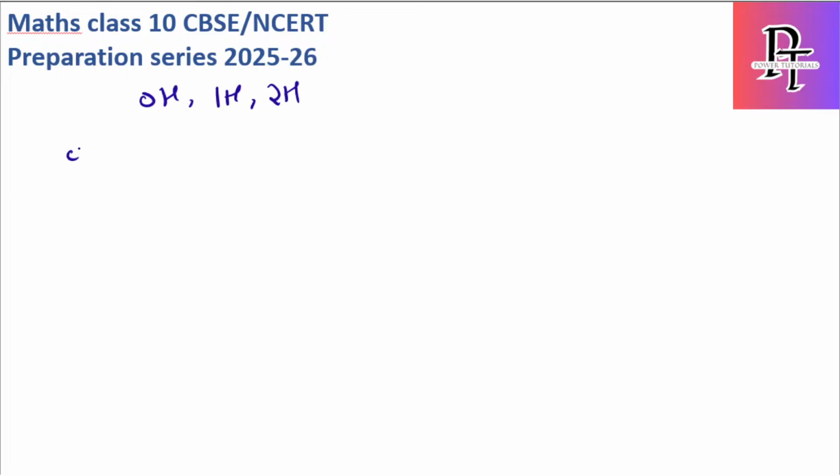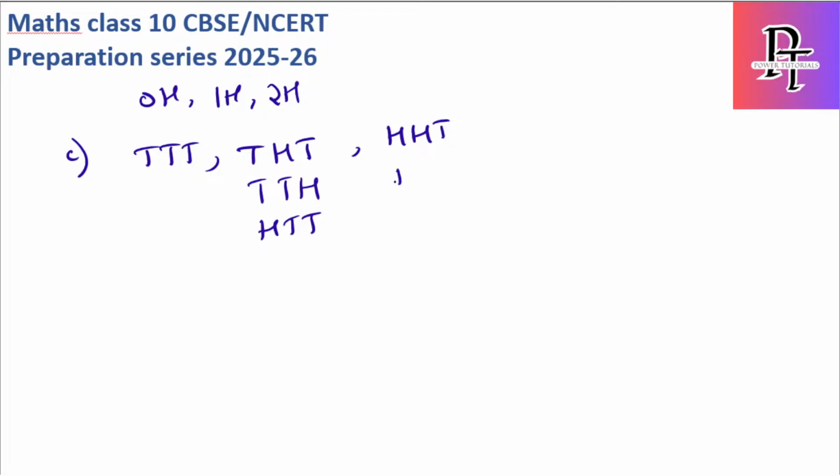All 3 have to be considered. Okay, so 0 heads is TTT, 1 head is THT, TTH, HTT. So this belongs to 1 head, and the 2 heads category is HHT, THH, HTH. So total how many do I have? 1, 2, 3, 4, 5, 6, 7. So the answer is 7 by 8.